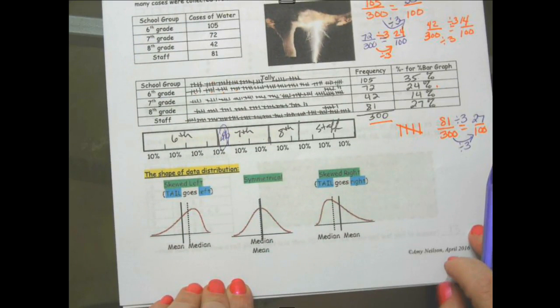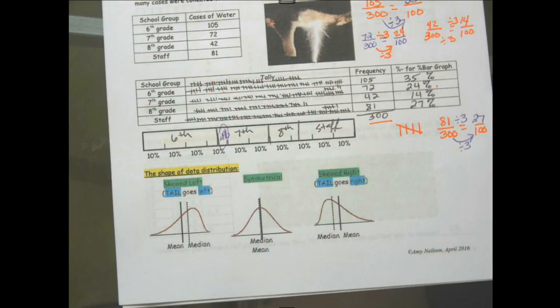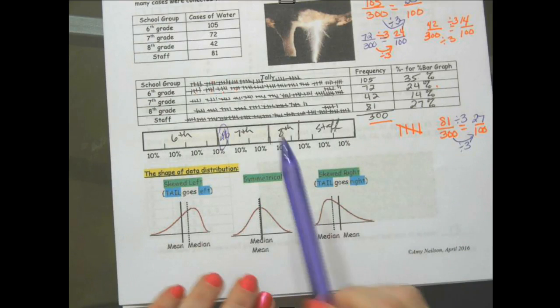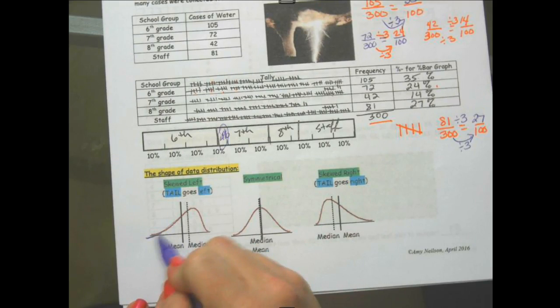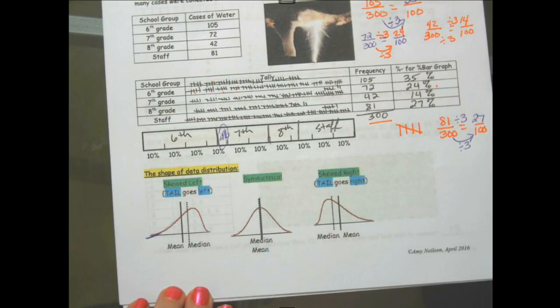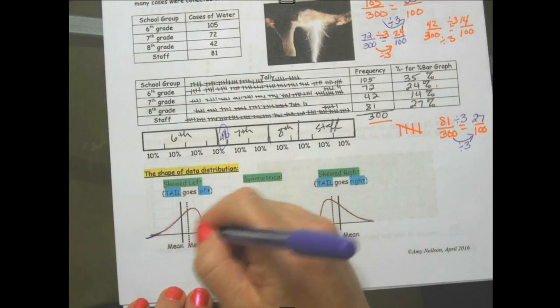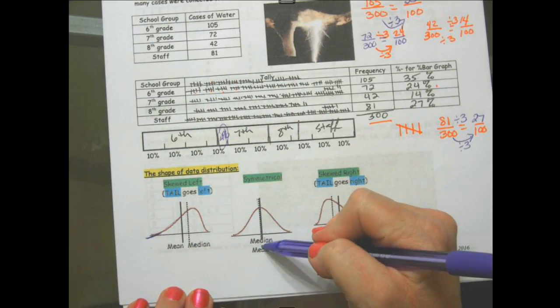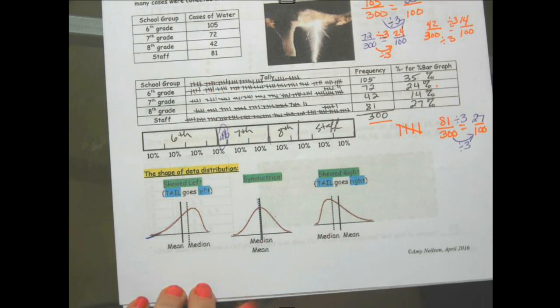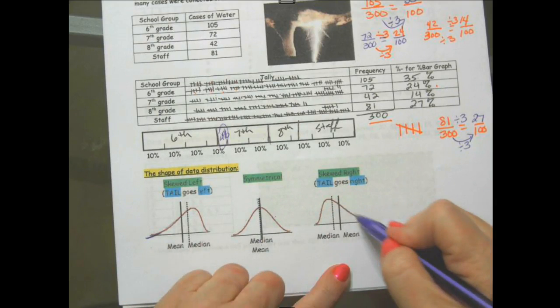And this is the shape of the distribution. If the tail goes left, you see how it's dragging to the left. Most of your data is to the right. It is skewed left. This is symmetrical. They're about even on both sides. Here, the tail goes to the right.